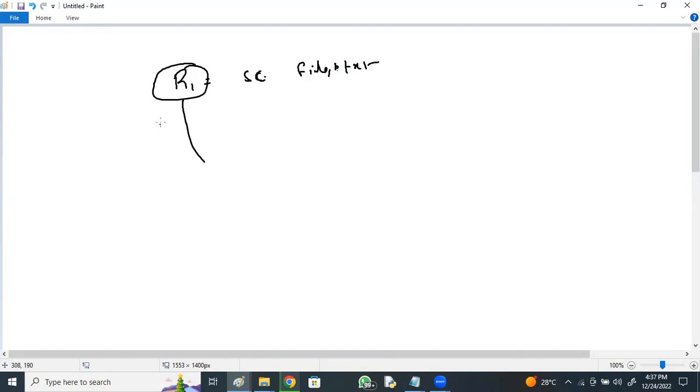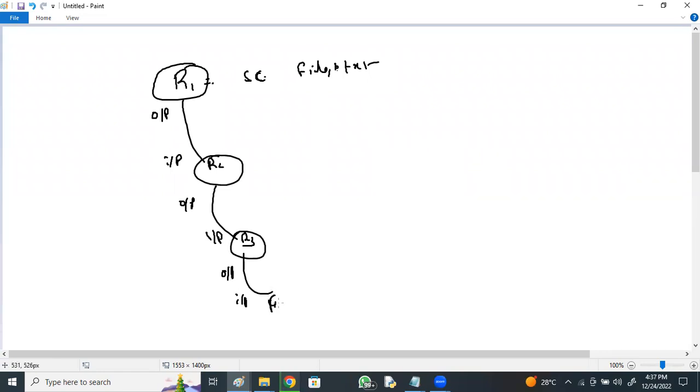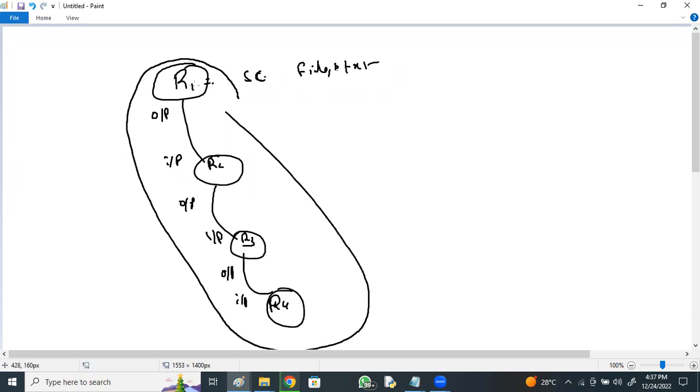The R1 output is taken as input by the next one, R2. How did you get R2 from R1? If you perform any operation, the output we get is R2. Again, on R2, if you perform any transformation, the output we get is the input to R3. Similarly, the output of R3 will be the input to R4. In this way, this is the data flow.